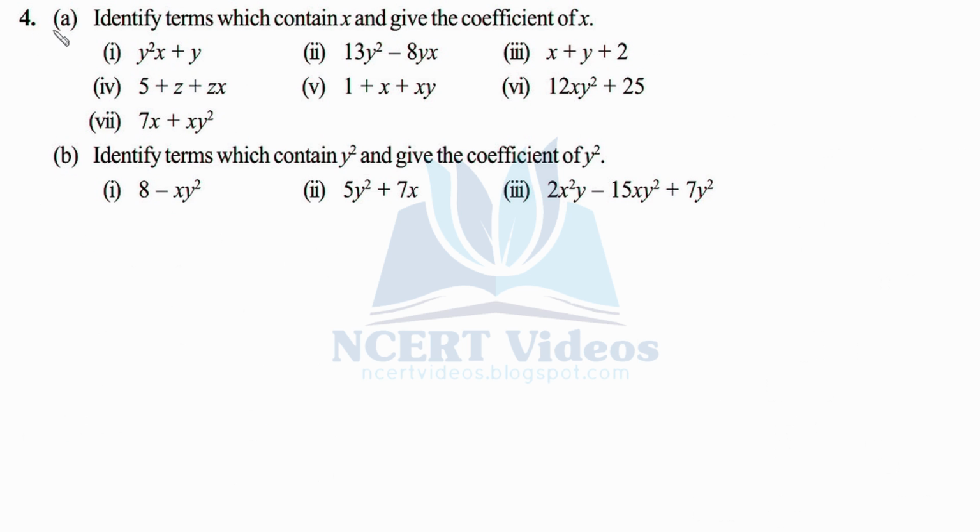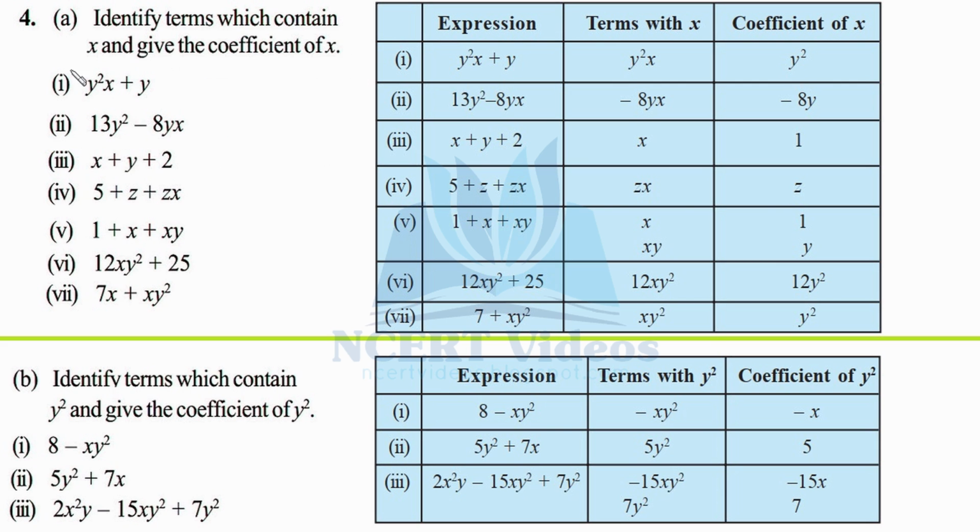Question 4th. A. Identify terms which contain x and give the coefficient of x. And B. Identify terms which contain y squared and give the coefficient of y squared. In this question, we have to only consider those terms which contain x.